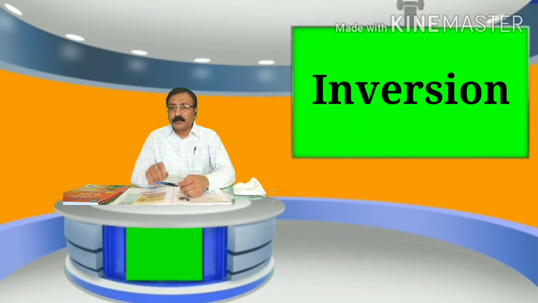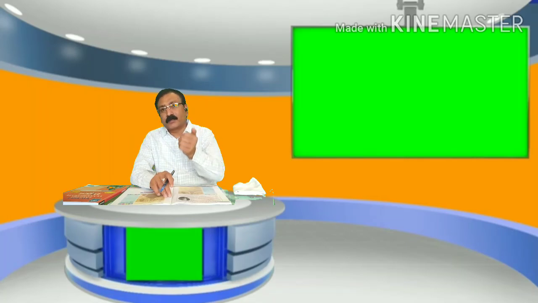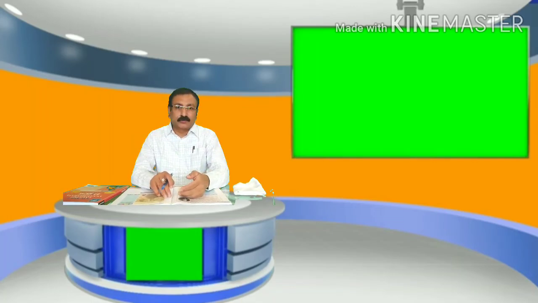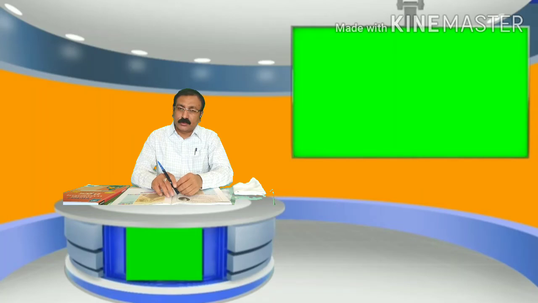Inversion simply means when the standard pattern which we have in the English language, like subject, verb and object, is changed for a particular reason. In that case, we have the figure of speech inversion.